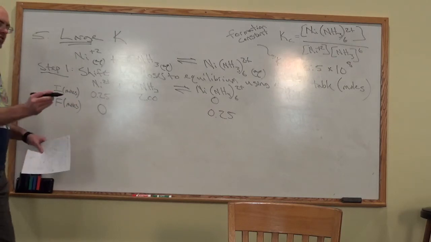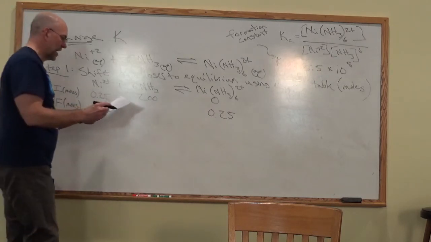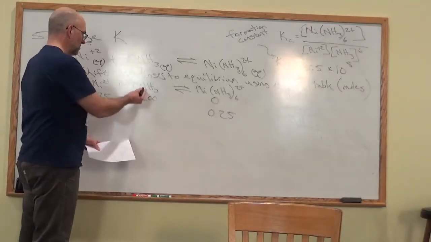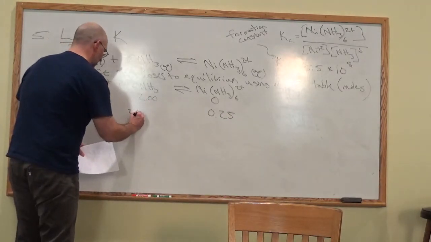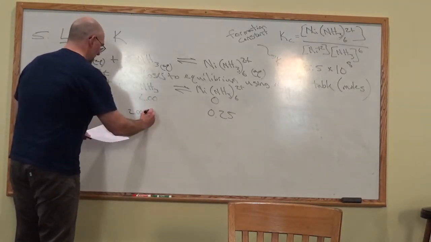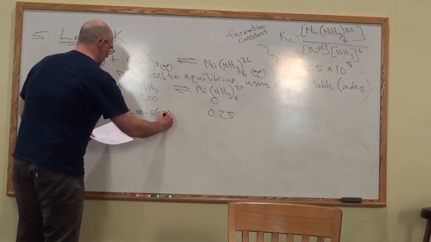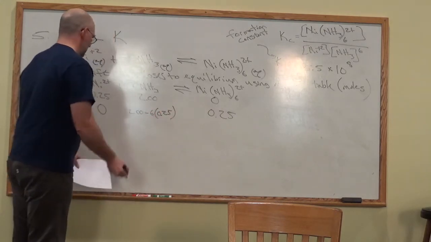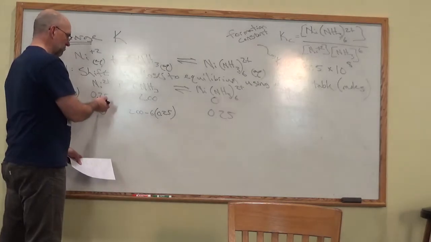It's a 1-to-1 ratio, so kind of follow me here. And then how much of the ammonia is going to be left? Well, it's going to be 2 minus 6 times 0.25. Well, this is going to go down by that ratio.